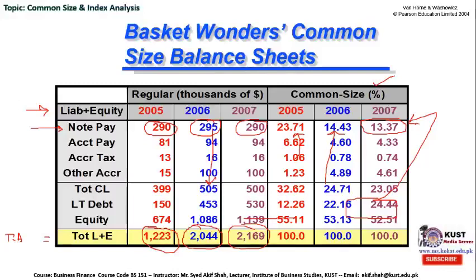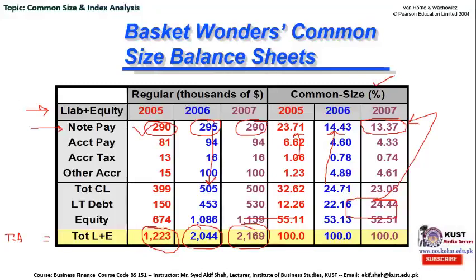So it also helps to compare the company with similar nature companies available in the industry, as well as with the industry benchmarks, because to compare a small company with a larger company is not easy if we are taking absolute terms, comparing the exact amount of notes payable or liability with another company's notes payable or liability.